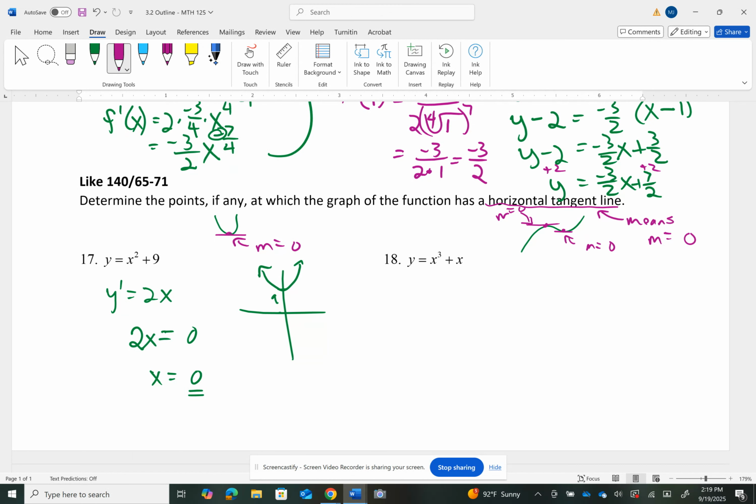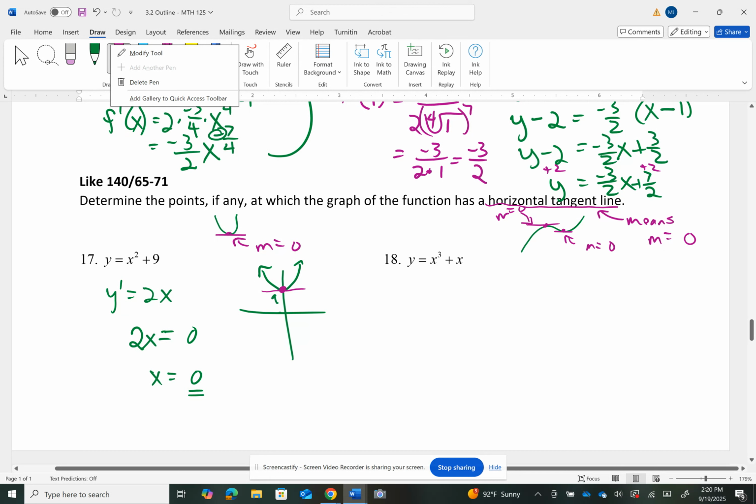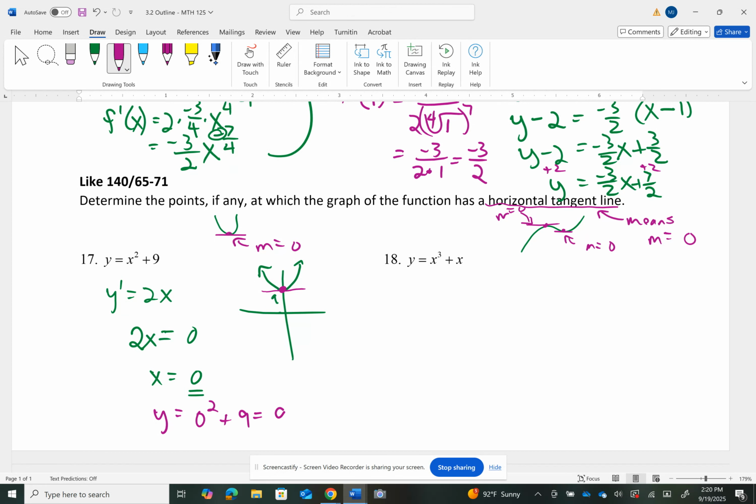What you just found is that the horizontal tangent line would happen when x is 0. Now we need to figure out what the y is that goes with it. So we go back to the original function and we plug in the 0 and we get 9. So the point would have been (0, 9).